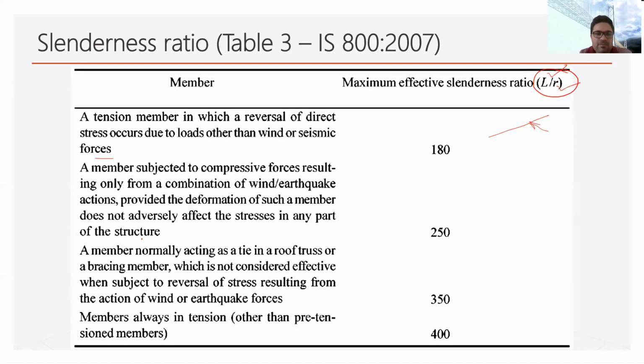Similarly, a member subjected to compressive force resulting only from the combination of wind or earthquake action, provided the deformation of such a member does not adversely affect the stress in any part of the structure. So in the problem, if it is mentioned that we will use the member for a particular case, we will check the slenderness ratio based on these four cases.